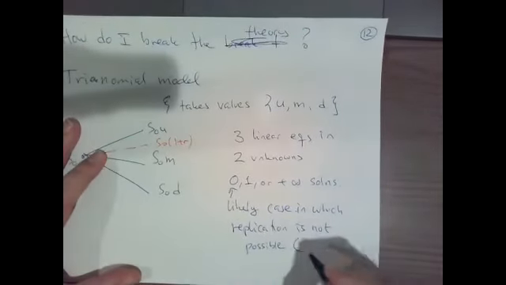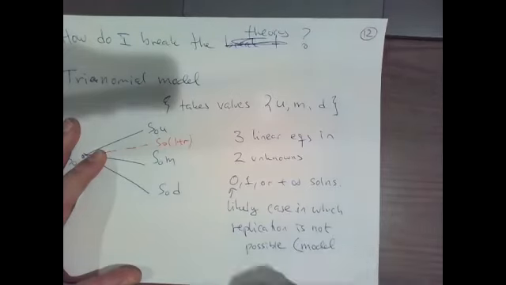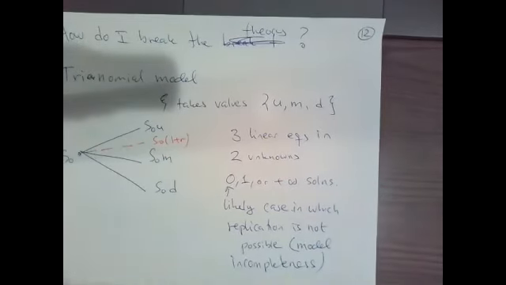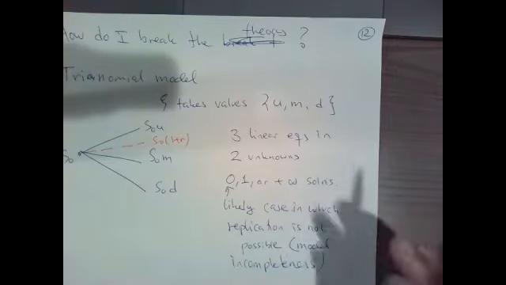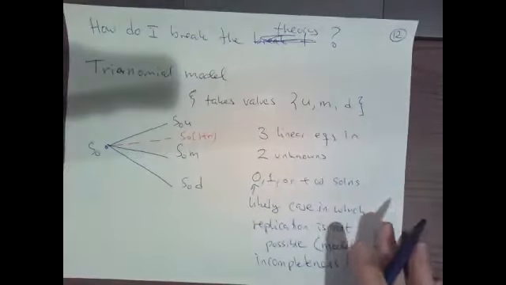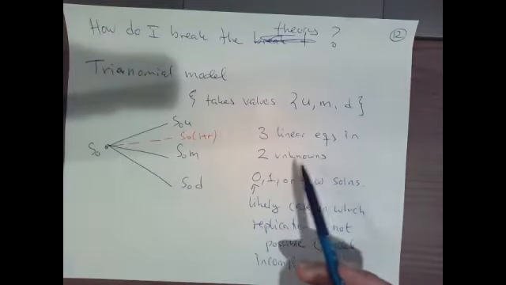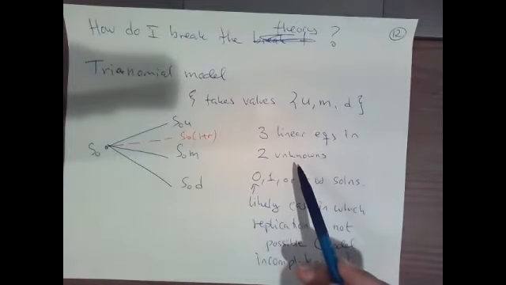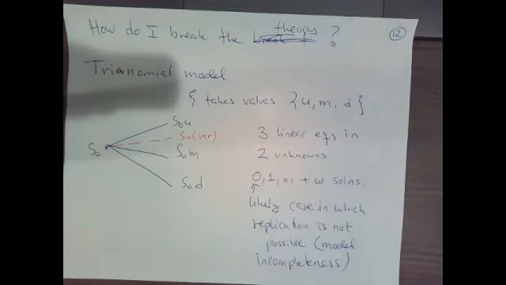This here is called model incompleteness. Model incompleteness is related to us not being able to solve these equations because we do not have enough unknowns. So for this to work, I need more unknowns. Okay, how do I get more unknowns? Well, I need to have more traded securities, right?